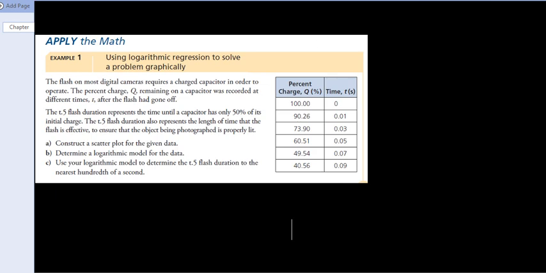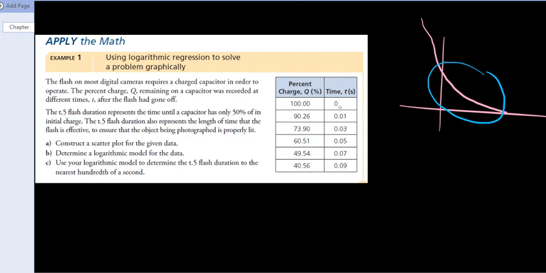What I'm saying is that this kind of looks like a piece of an exponential function, but we're going to use a logarithmic function that would look more like this.